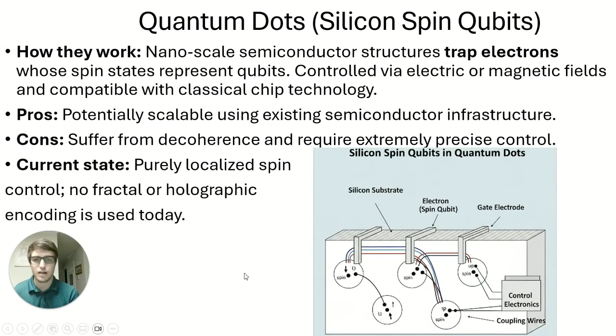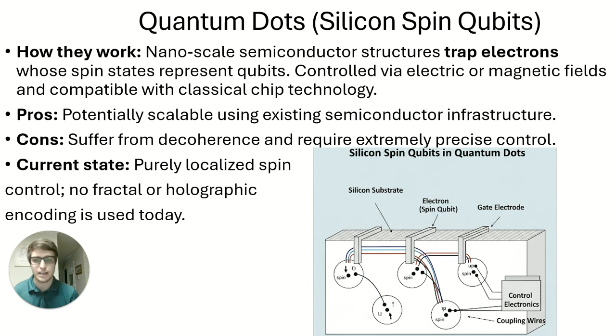They also have quantum dots, which use silicon spin qubits to compute information. So you have electrons stored in these little holes in the silicon, and the electron spin or oscillation can be used for quantum computing.